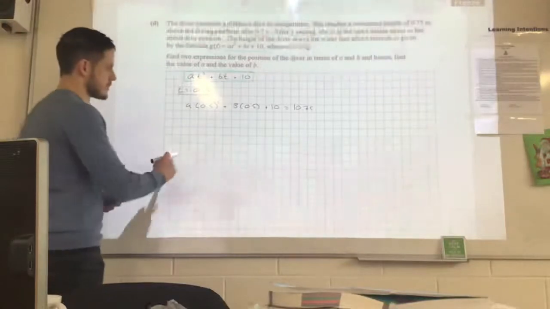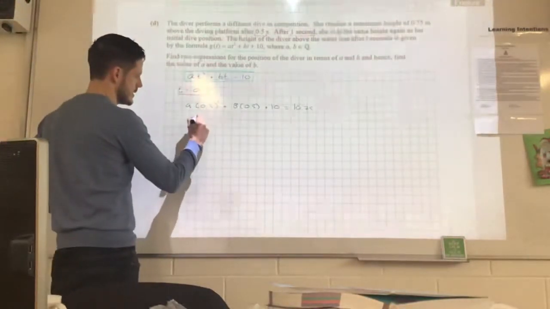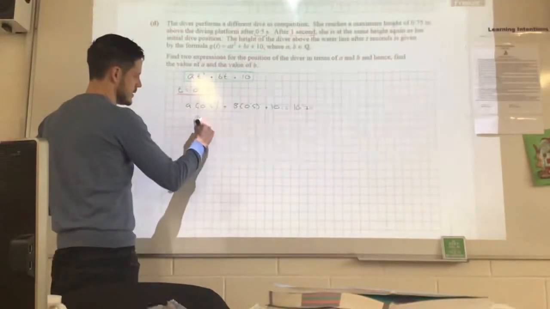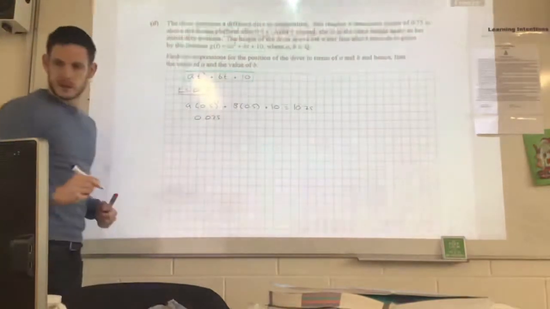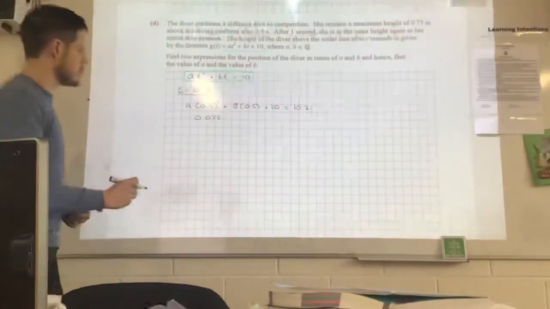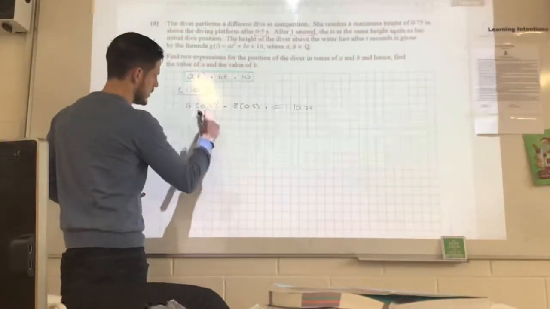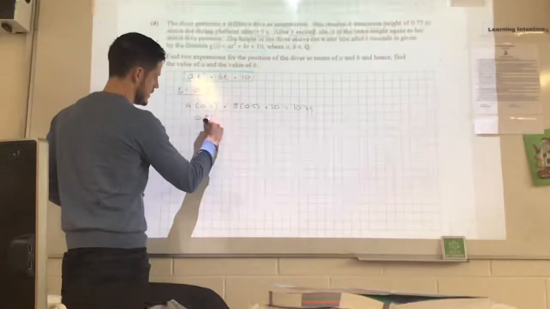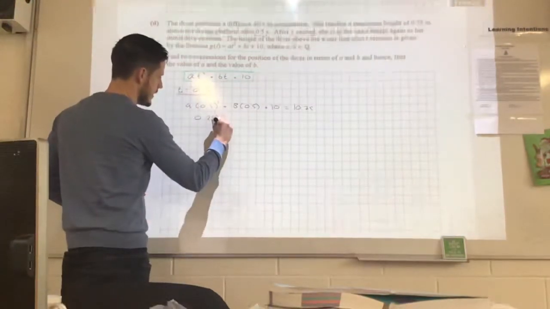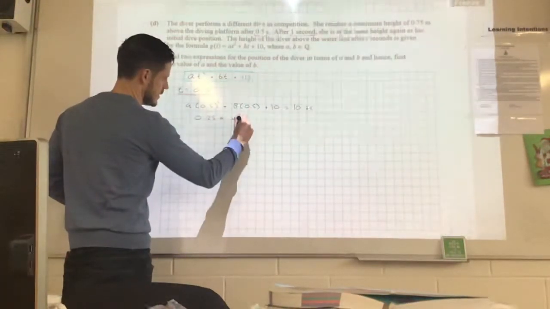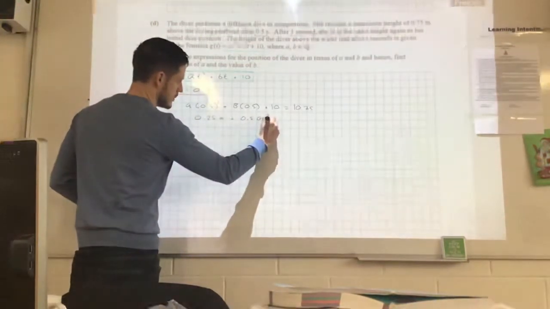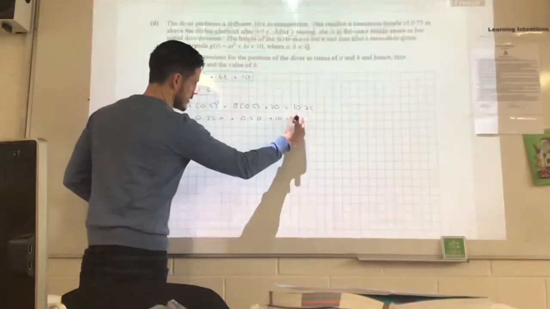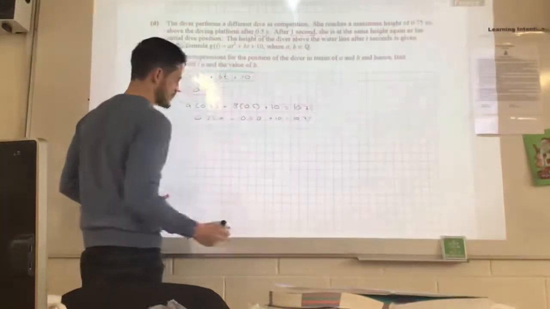We can simplify that down. 0.5 squared becomes 0.25. No, 0.25, sorry. So 0.25a plus 0.5b plus 10 is all equal to 10.75.